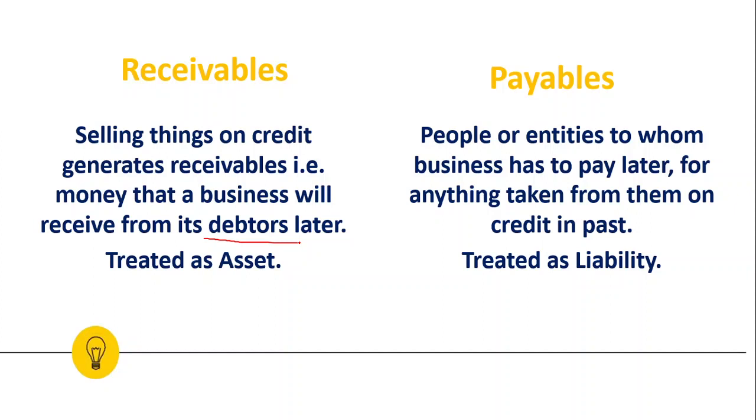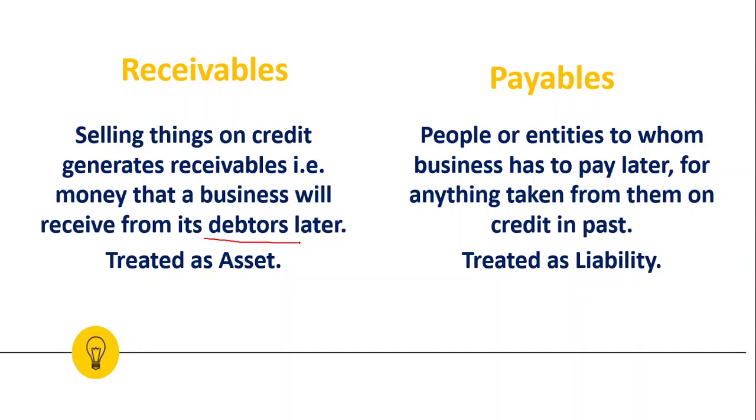As long as you are receiving the benefit on any future date, it fits the definition of asset, so it will be treated as your asset. Do remember that receivables are your assets. And earlier, when I gave examples about current and non-current assets, I mentioned that receivables are treated as current assets.